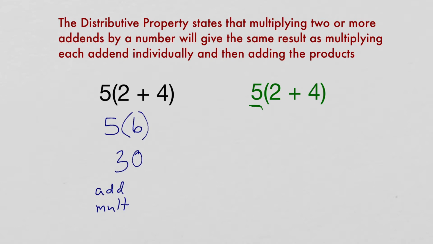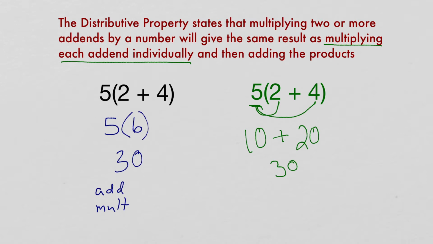You can see right here in the definition, it says multiplying each addend individually. So we're going to say 5 times 2 is 10. 5 times 4 is 20. And I'm going to add those together. 10 plus 20 is still 30, just the same as what I got over here. So I get the same answer both times.